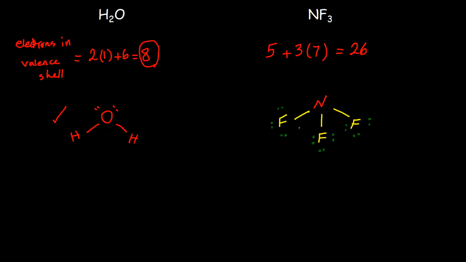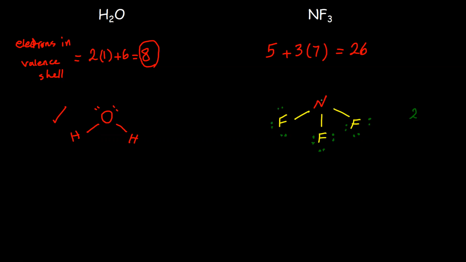So let's see how many electrons we used so far. So 8, 8, 8, 24. Still we have 2 more electrons to use. Let's see if our nitrogen has the outermost shell full of electrons. 2 electrons, 4 electrons, 6 electrons.